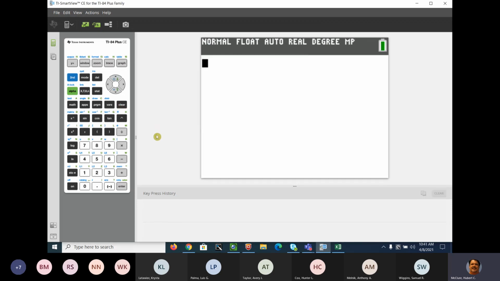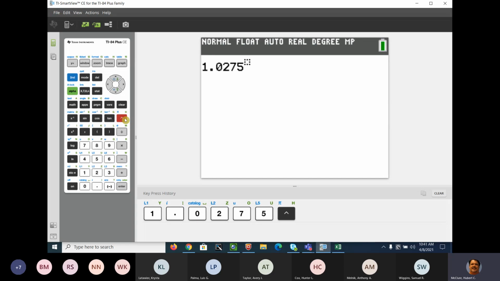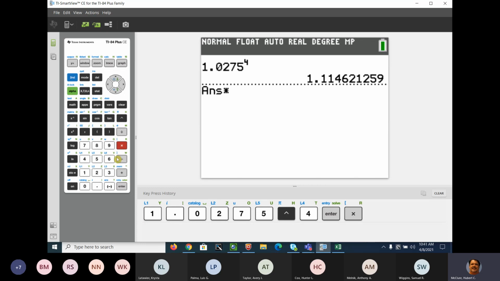All right, 0.0275 divided by 1 is 0.0275, plus 1 is 1.0275, and we're going to raise that to the 4th power. 1 times 4 is 4, and multiply that by 3,500.